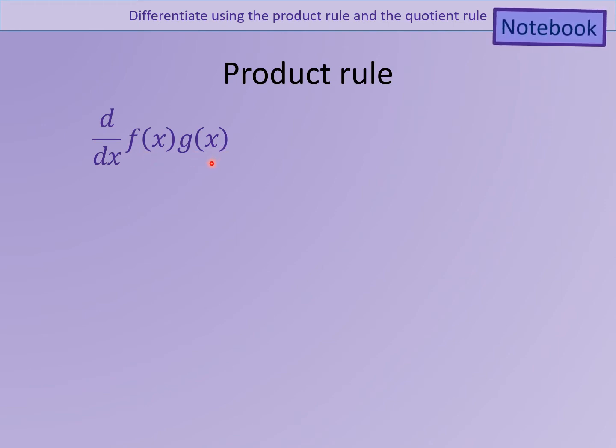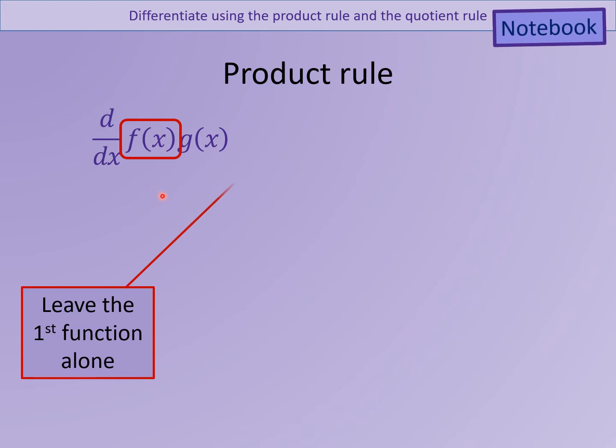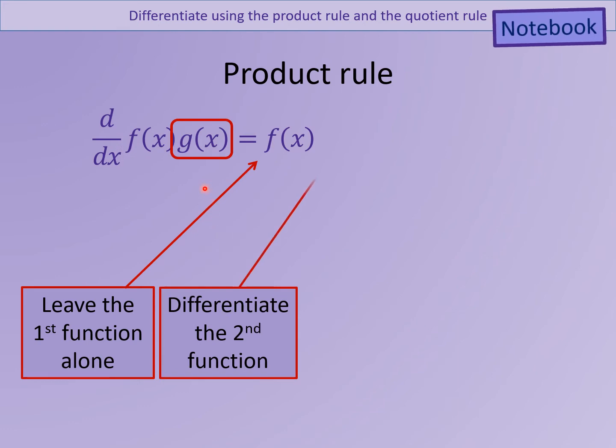And the way we do the product rule is we leave the first function completely alone. So whatever function that is, in the previous example, it was a 2x to the power 4 function, we would leave that alone. We wouldn't change it. It would stay the same. But then we multiply that by the second function differentiated. So we leave that one alone and we differentiate that one.